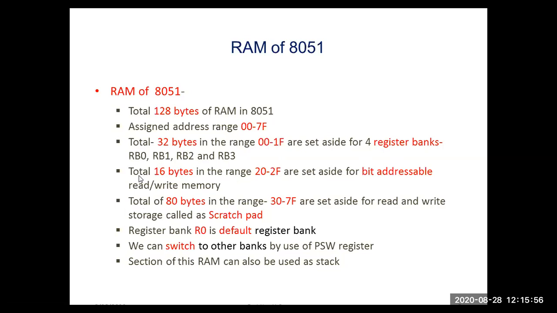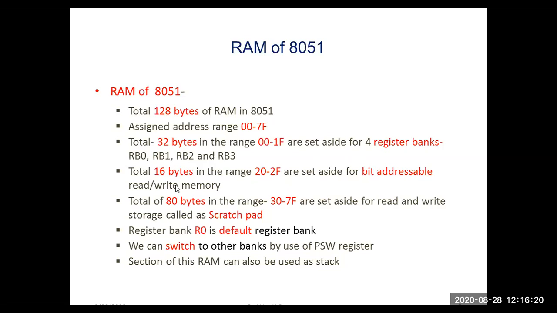So after that, next 16 bytes in the range of 20 to 2F are set aside for bit addressable read-write memory. Means out of these 16 bytes, from a particular byte from program, you can access a particular bit. So it is called as bit addressable memory.